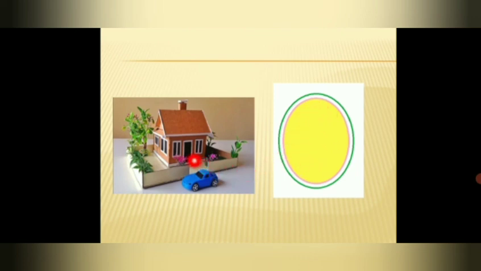If we go inside this house, there will be a floor on which many things are placed. So it is giving that accommodation. That floor acts as the cytoplasm. Like this we can compare a cell with a house.